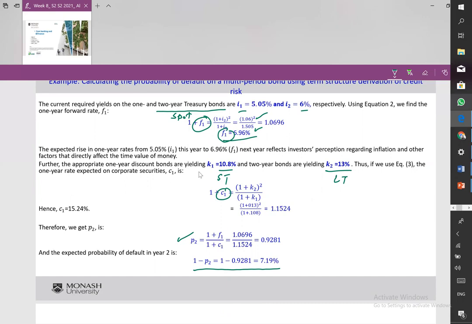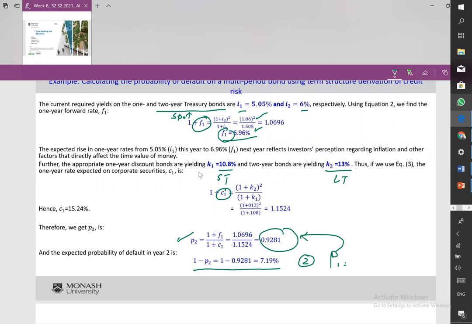This is the probability of defaulting, and I can calculate the cumulative. This is just the probability of defaulting for the second year, which means the probability of payment is 92.